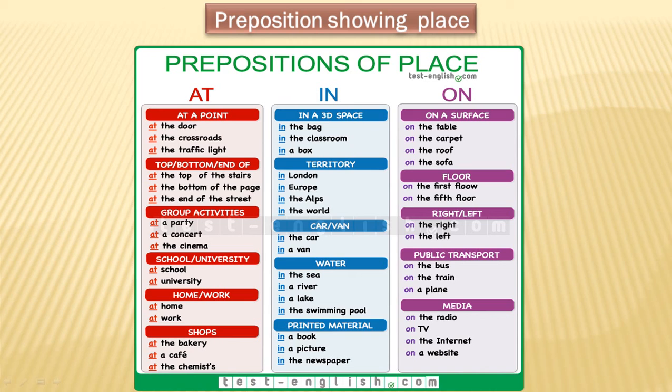In the case of media we can use on TV, on the radio, on the internet, on a website. So if you read the examples of prepositions, and use these prepositions to make your own sentences, then you will be able to understand the prepositions more clearly. Okay, now I am going to the next section.